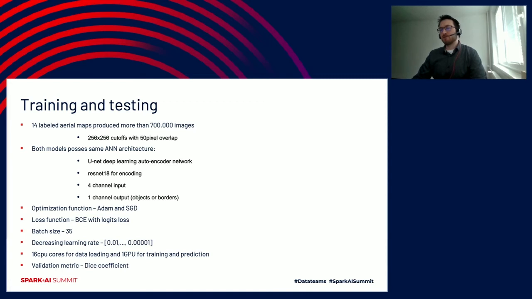The decreasing learning rate is totally standard. I decreased the learning rate in an almost linear way. It always depended on how the model was converging.